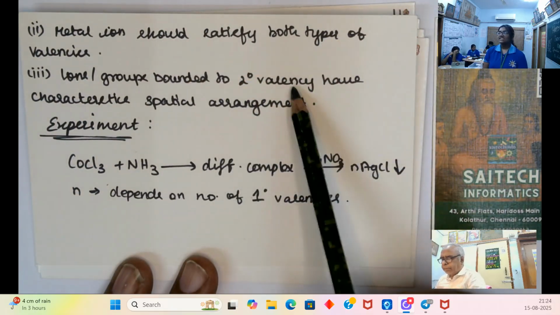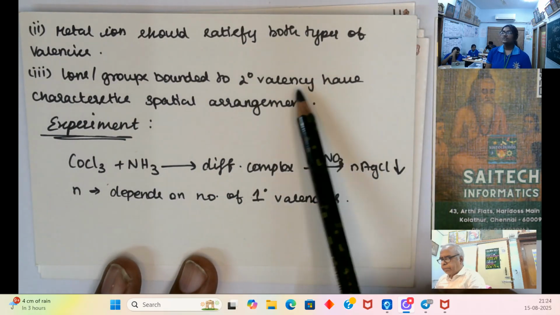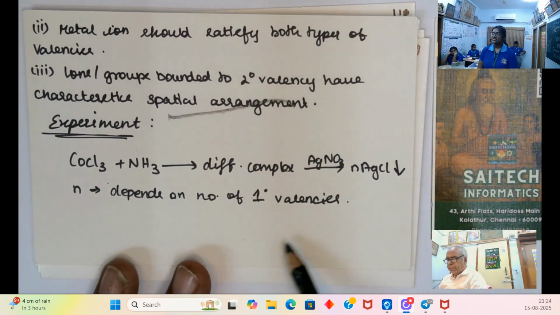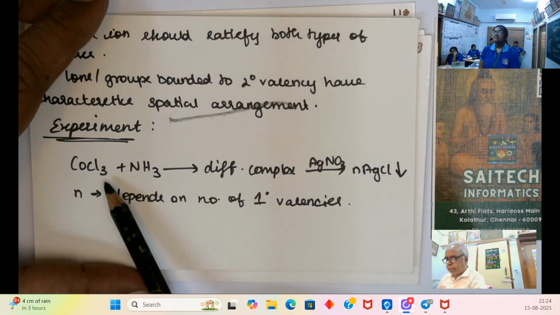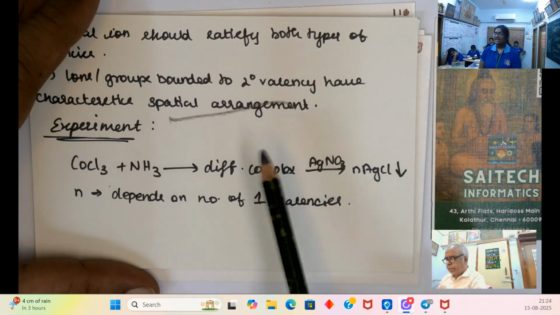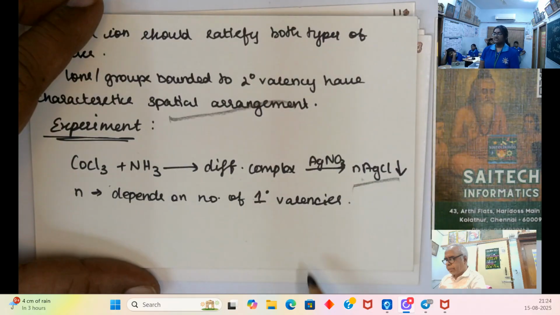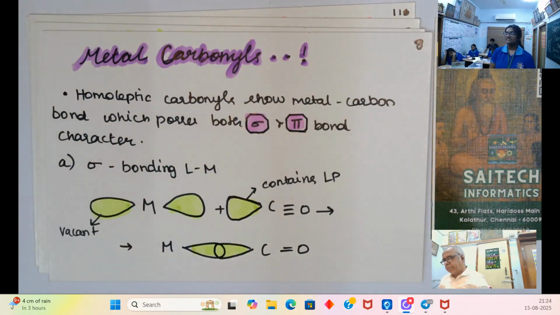The metal ion should satisfy both types of valencies. Ions or groups bound to the secondary valency have characteristic spatial arrangements. These are the postulates of Werner's theory. The experiment follows: CoCl3 plus NH3 gives different complexes with AgNO3 giving AgCl, depending on the number of primary valencies.